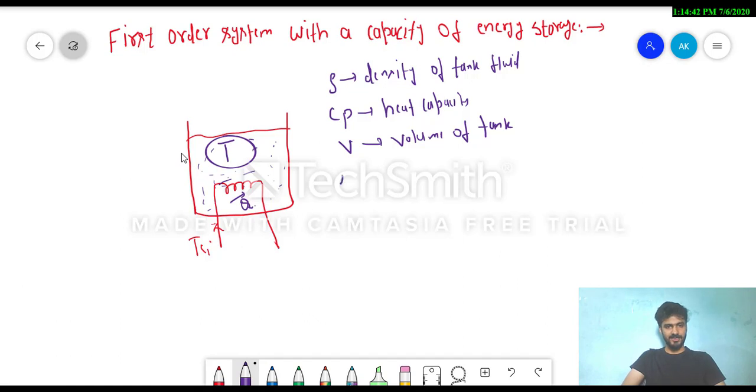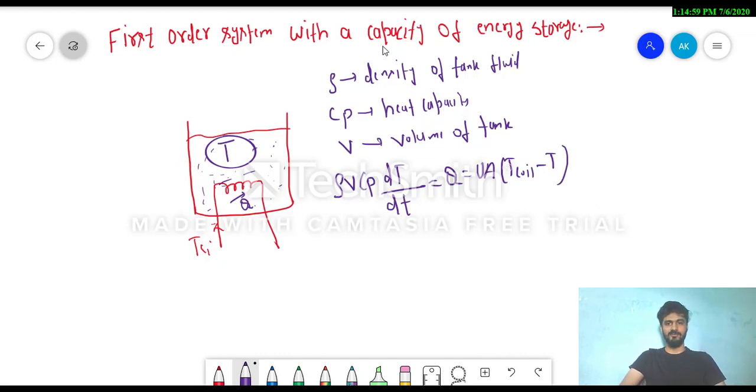So you will get rho V Cp dT/dt equals Q, which equals UA times the coil inlet temperature minus the temperature of the tank.